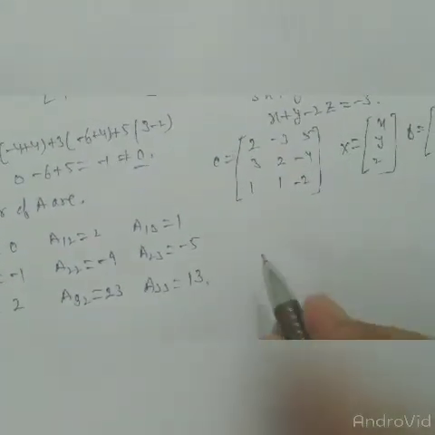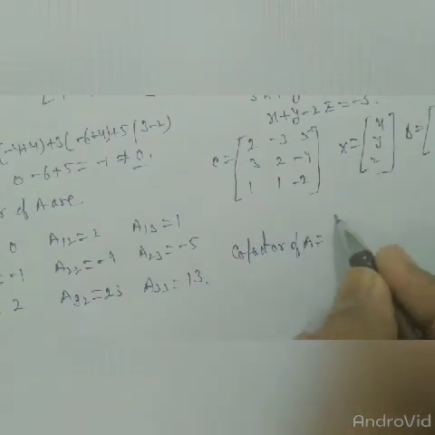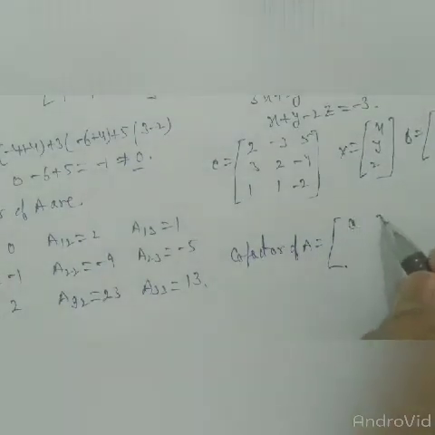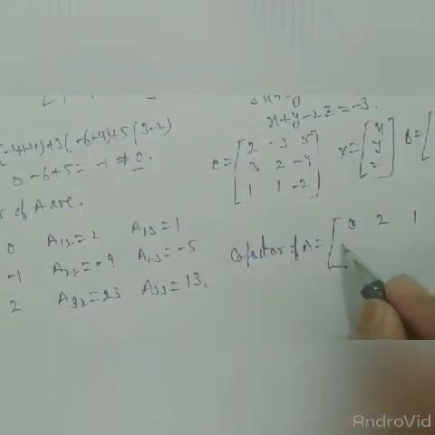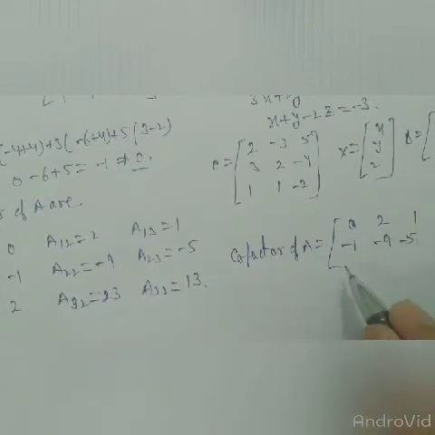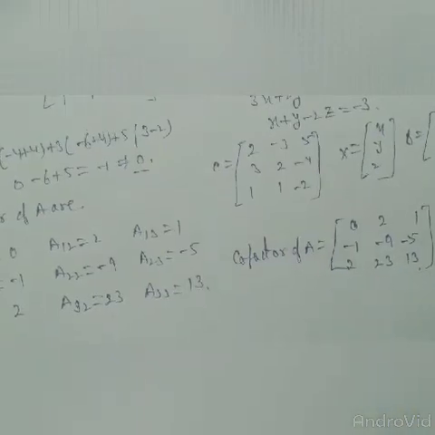Clear? Same procedure, cofactor of A. Cofactor of A are 0, 2, 1, minus 1, minus 9, 5, minus 5, this is 2, 23 and 13.